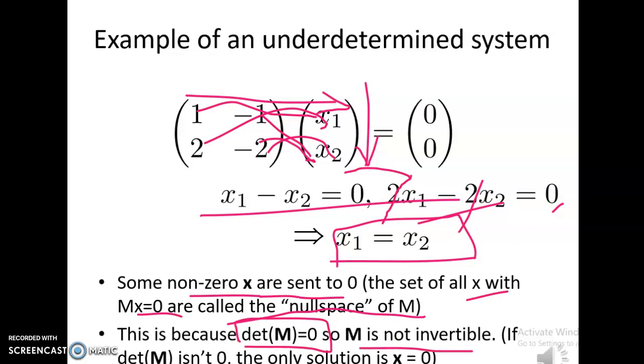If the determinant of M is not 0, the only solution is x equal to 0. That's the underdetermined system example.